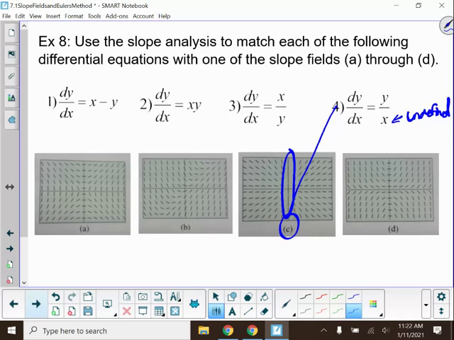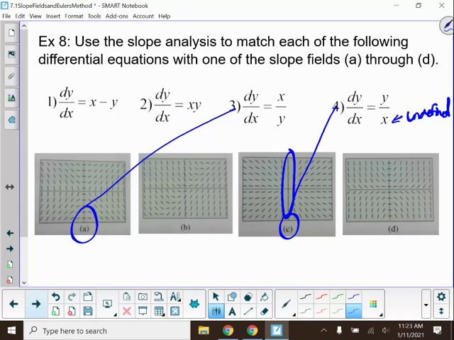So with number 3, for example, when y is 0, I'm going to be going towards those vertical lines because a slope that's undefined has a vertical line. And that's happening in A, not in D. Because in A, when I get closer to the x-axis, which is when y is 0, you see that I have my lines going up and down. So that means number 3 has to go to A.